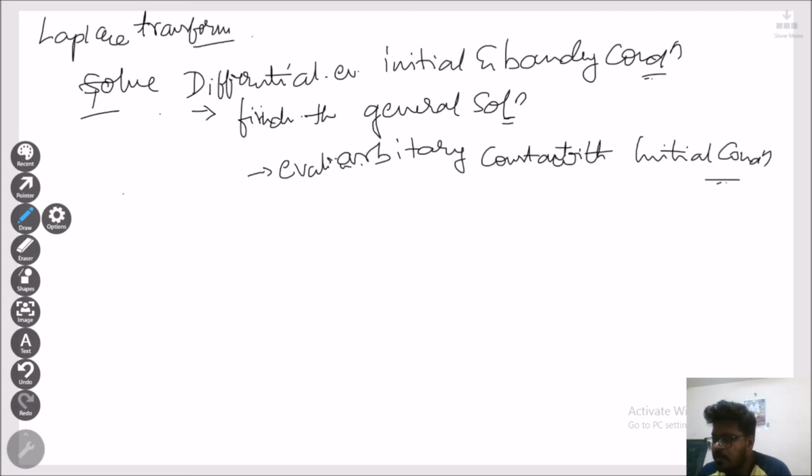So generally the differential equations can be solved using these two steps.